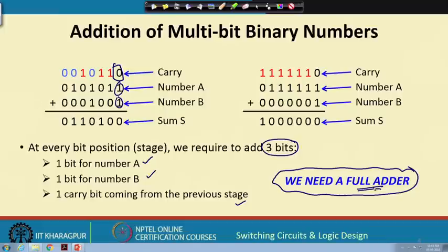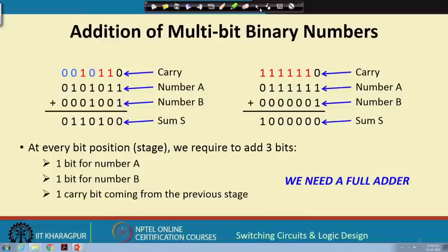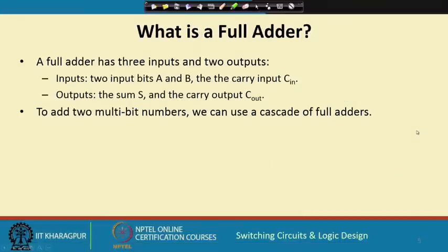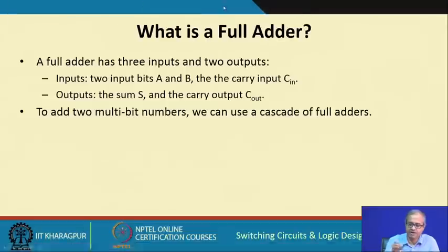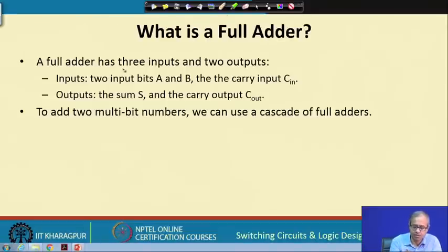Full adder basically can add 3 bits. Let us look at what a full adder is. Full adder, as I said, will have 3 inputs. The 3 inputs are the 2 input bits A and B and the carry input, let us say C in, carry in. And again there will be 2 outputs, one is the sum, the other is the carry output, let us call it C out.